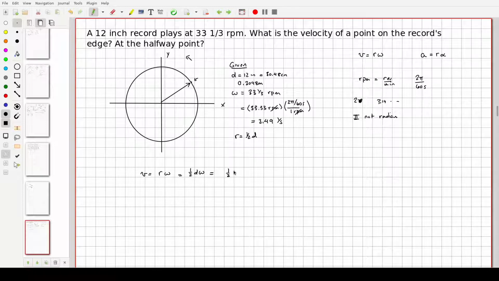Or 1/2 times 0.3048 meters times 3.49 radians per second.